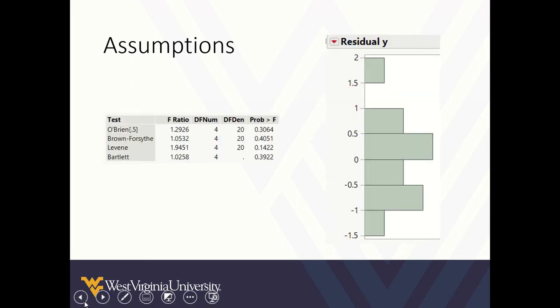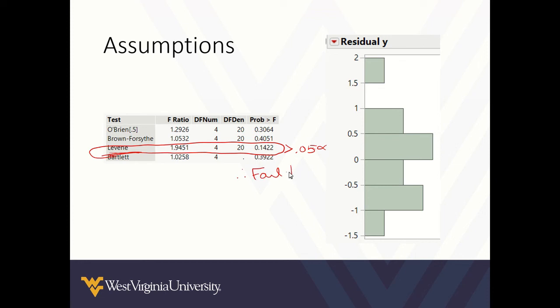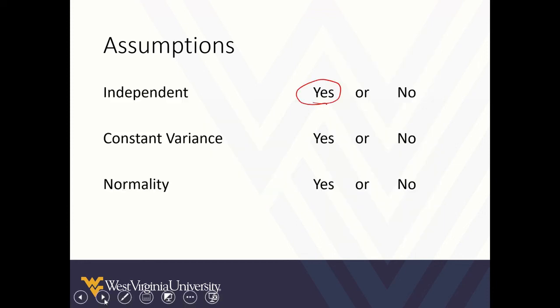If we flip back, we can see that we have the Levene's test, and ideally we want our p-value to be large. This p-value is 0.1422. That is greater than our assumed alpha value of 0.05. So therefore, we would fail to reject. And so yes, we have constant variance, or rather, we cannot prove we have different variances.